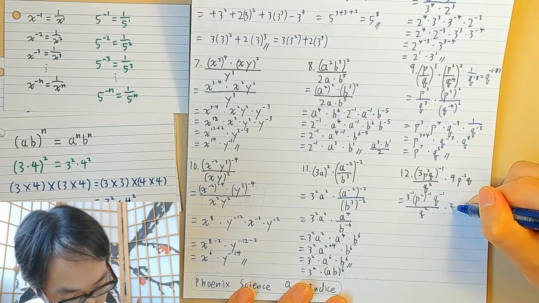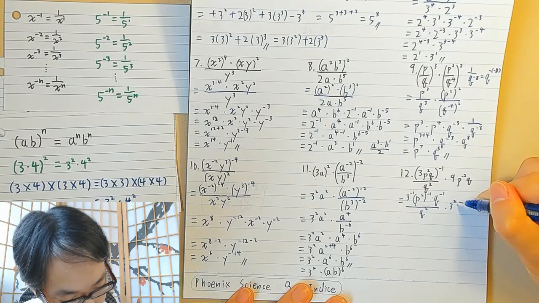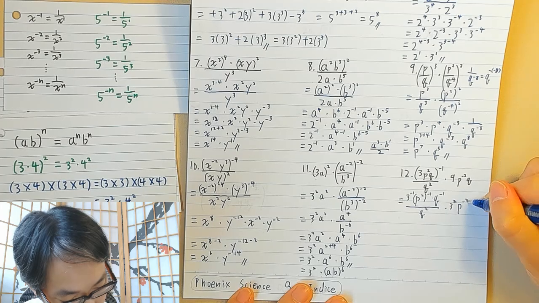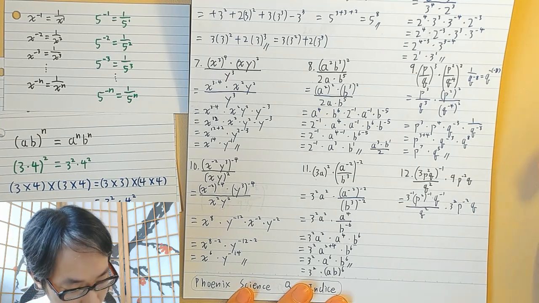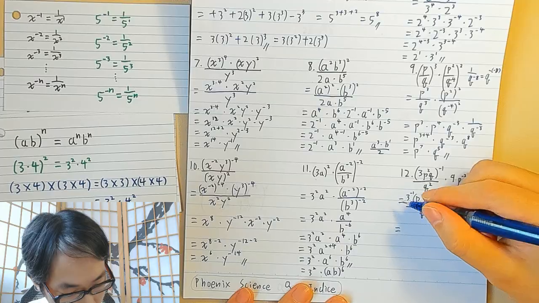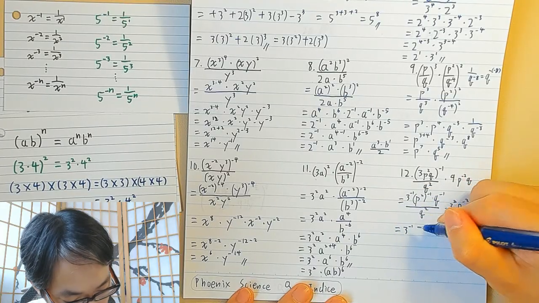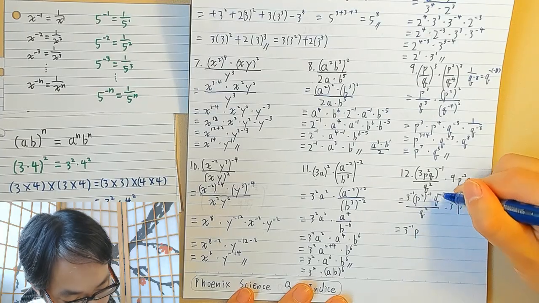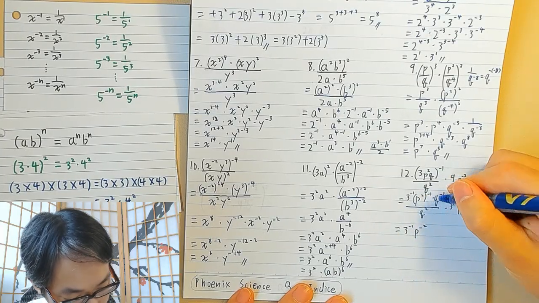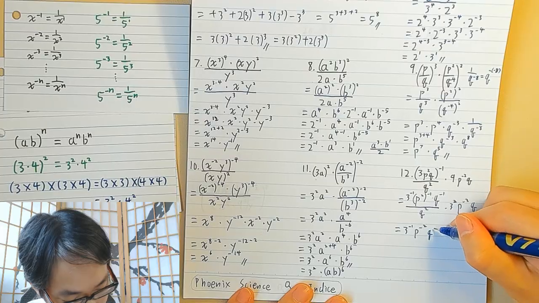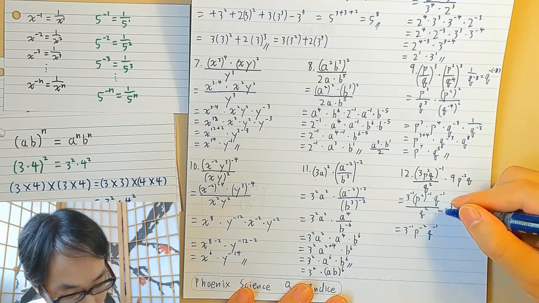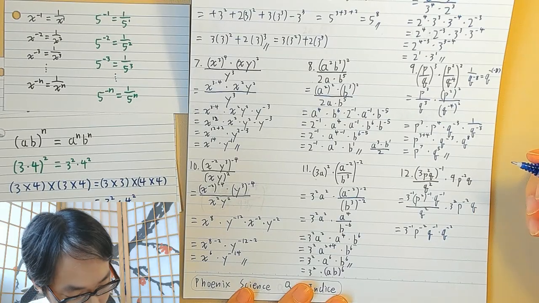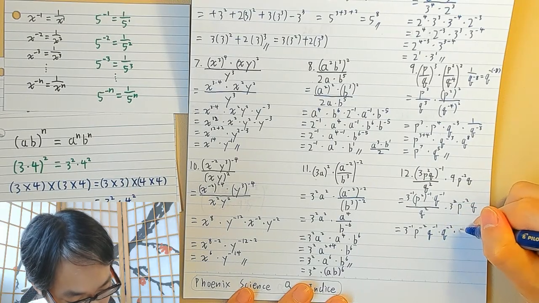This is 3 squared times p to the power of negative 2 times q. So this will be 3 to the power of negative 1 p to the power of negative 2, and then times q to the power of negative 1, removing the denominator, times q to the power of negative 2, and then the rest.